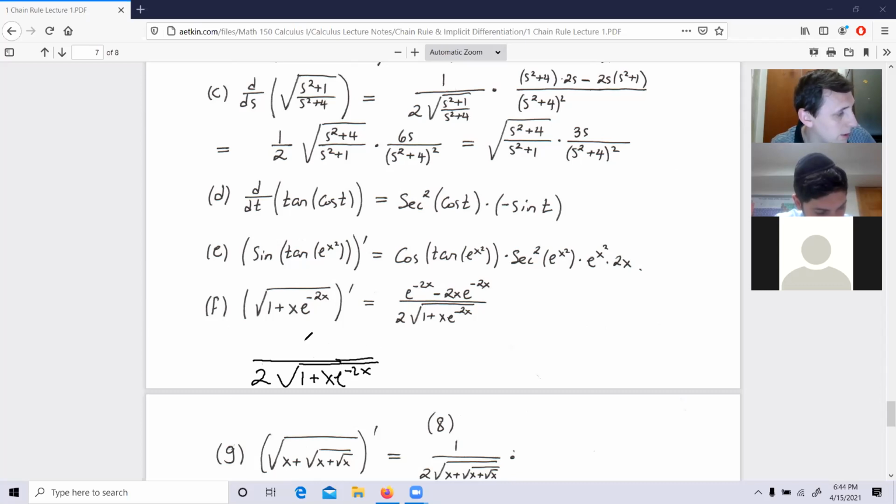Now, I can write the multiply to the numerator. The derivative of the inner function is simply e to the minus 2x. I took the derivative of x minus, I take the derivative of e to the minus 2x. It's just e to the minus 2x times minus 2. So it's minus 2x e to the minus 2x. And we are done.